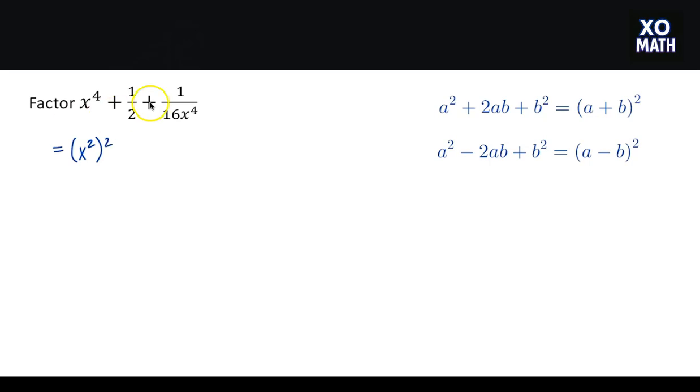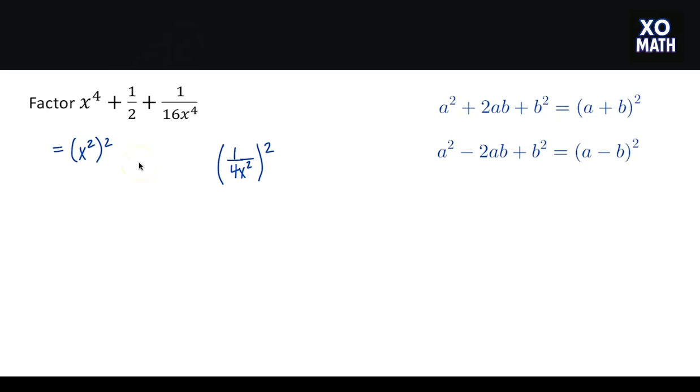And now I'm going to jump to this last term here and recognize that 1 over 16x to the fourth can be rewritten as 1 over 4x squared, squared. Okay, so now we just need to confirm that the middle term is 2 times ab.